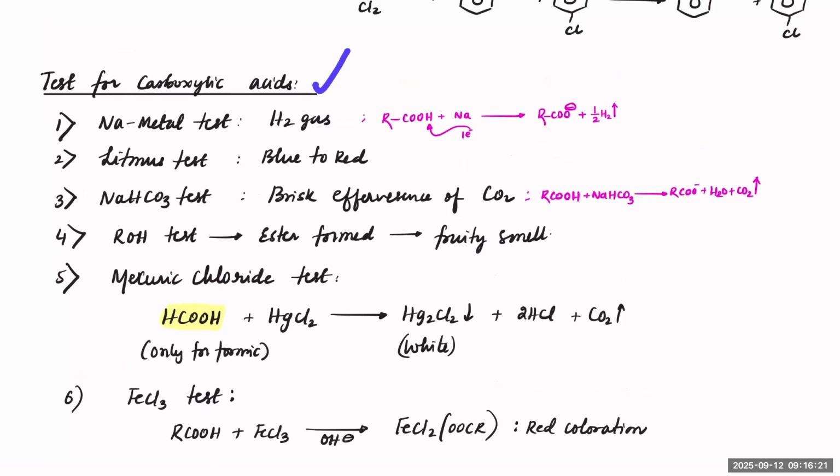Check out what the tests for carboxylic acids are. Sodium metal test, of course, we learned that it will give H2 gas. It is an acid, so it will convert blue litmus to red. It can give a brisk effervescence of carbon dioxide, that is the sodium bicarbonate test. It can form esters, which have a fruity smell, with alcohols.